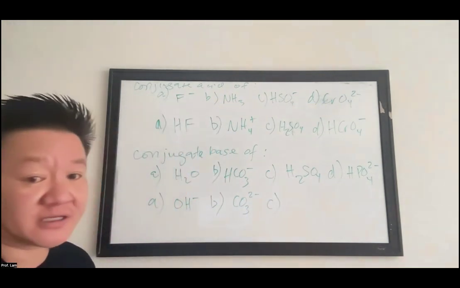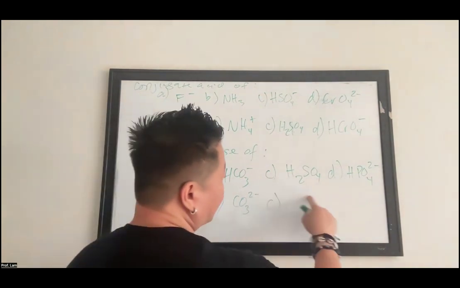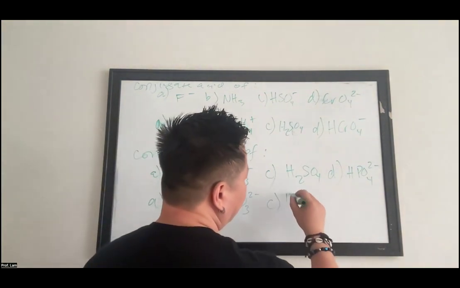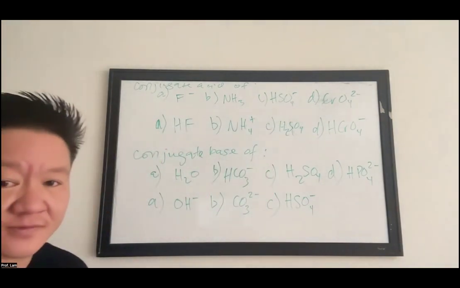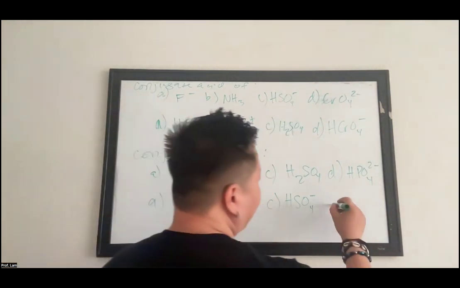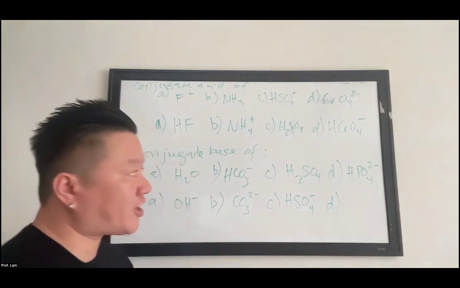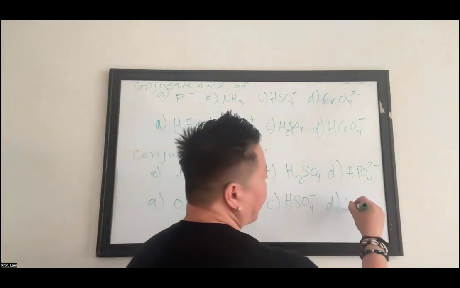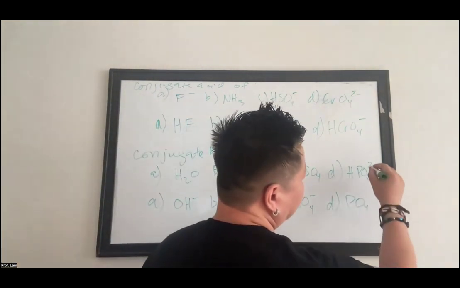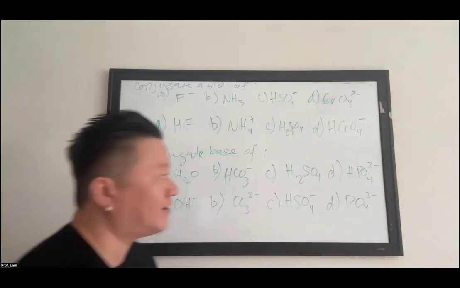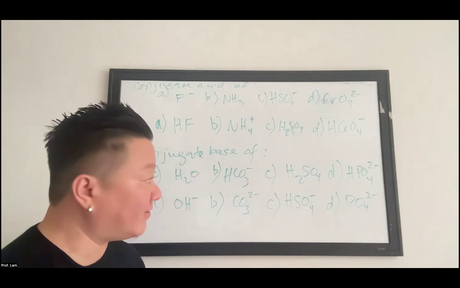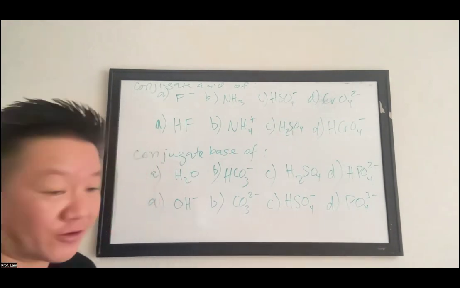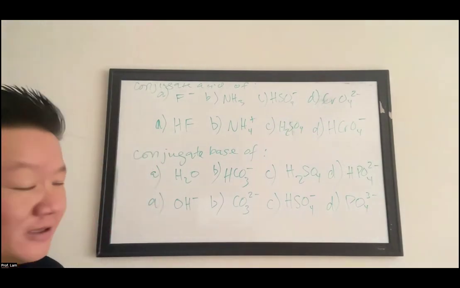C, in H2SO4, you subtract an H plus as well. So you have HSO4 minus. Okay? And then D, you subtract an H plus, the H goes away. This gets more negative because you're taking away a plus sign, so you make things even more negative, right? So it becomes PO4 3 minus. Okay.